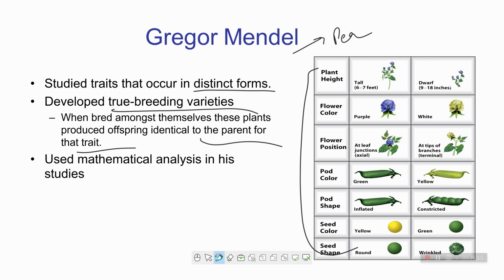These are the characteristics of the pea plant that Mendel took. He took the pea plant because it grows easily and has a short growth period. So he selected the pea plant. Okay.